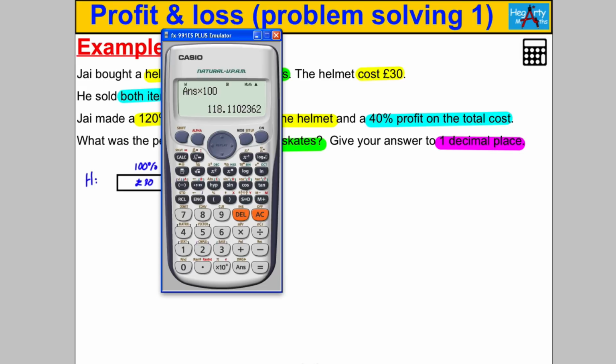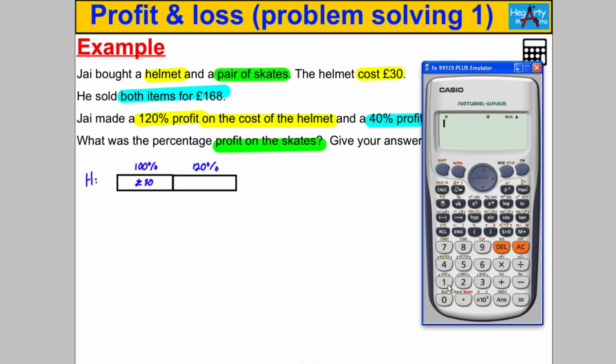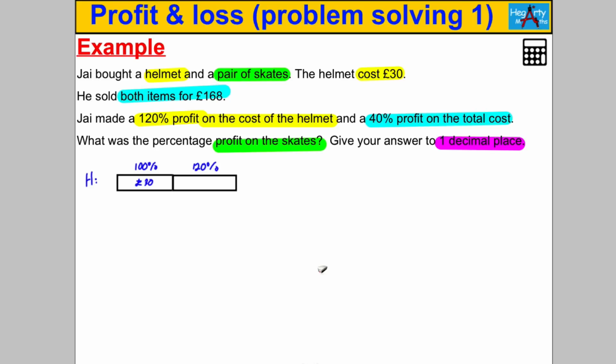To do that, we use a decimal multiplier. We say 1.20 multiplied by 30, and that gives us 36. So he made £36 of profit. In short, what did he sell it for? Well, he sold it for the cost, add this £36 profit, he sold it for £66. Right, so that's very useful for the helmet.